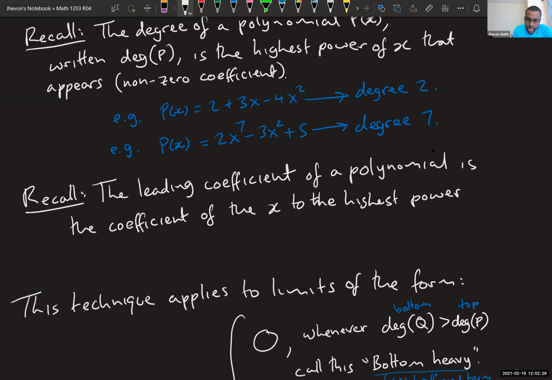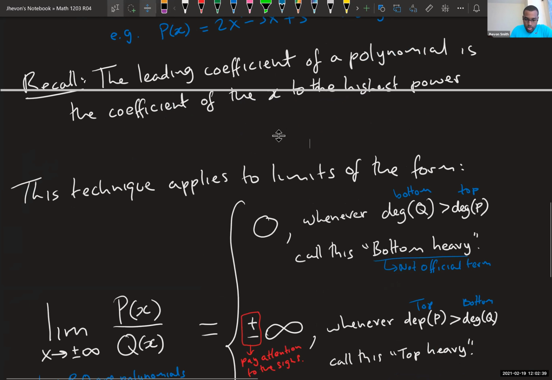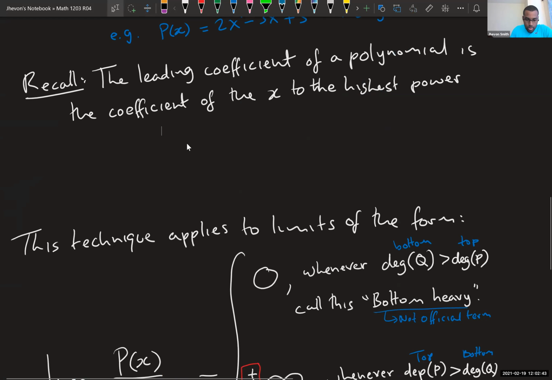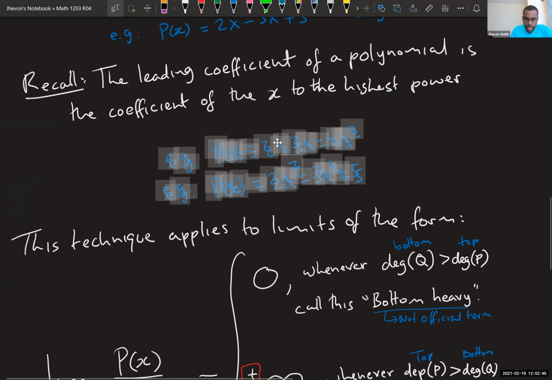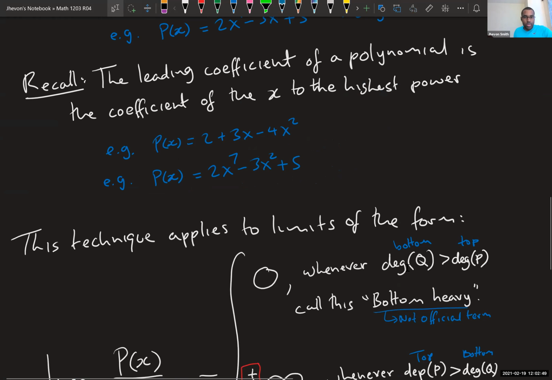So if I wanted to take these same two examples, we know the degrees: the degree of the top one is 2, the degree of the bottom one is 7.